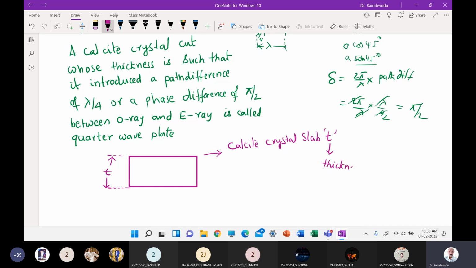Now I make a polarized light incident on it normally. So I take here a normal incidence, a light is falling on it, okay, normally on this. This is normally I'm taking. Otherwise I'll show it by a different color.